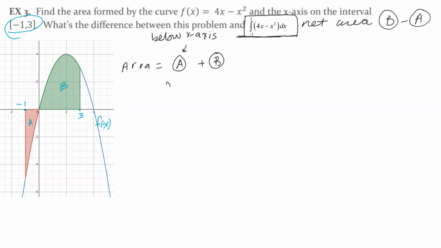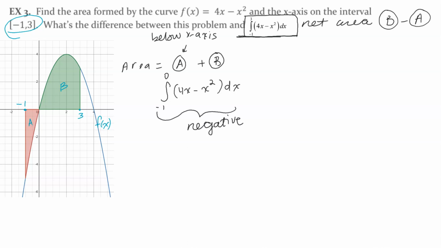If we write the integral from -1 to 0 of 4x minus x squared dx, we know visually that the answer here is going to be negative.